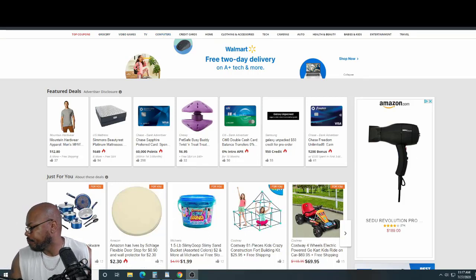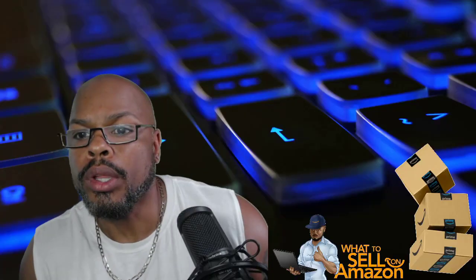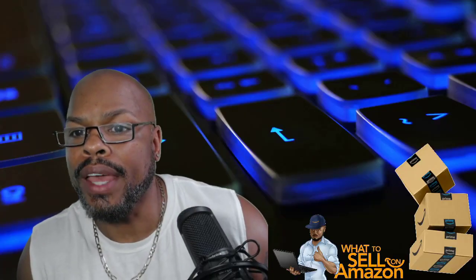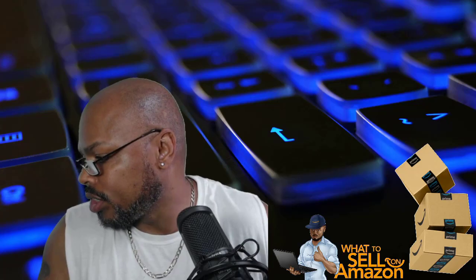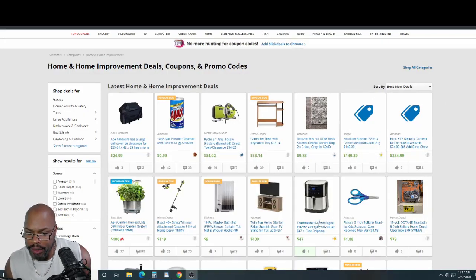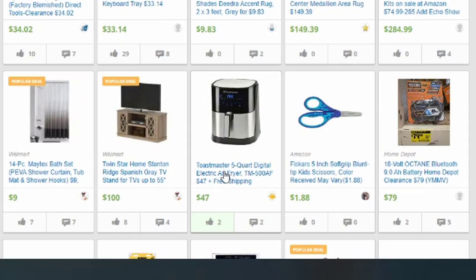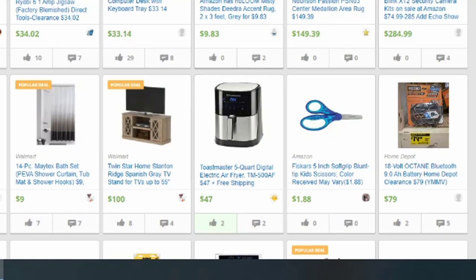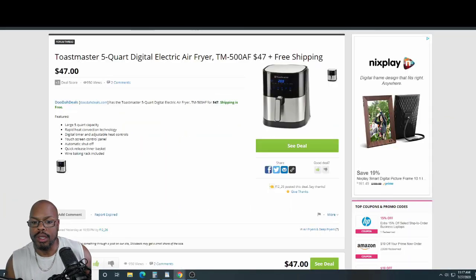And I'm going to show you one that I found. So watch this, guys. So I found this product right here, this Toastmaster 5-quart digital electric fryer for $47. And if you click into the deal there, then you can see where it's being sold at, which would be Doodah Deals.